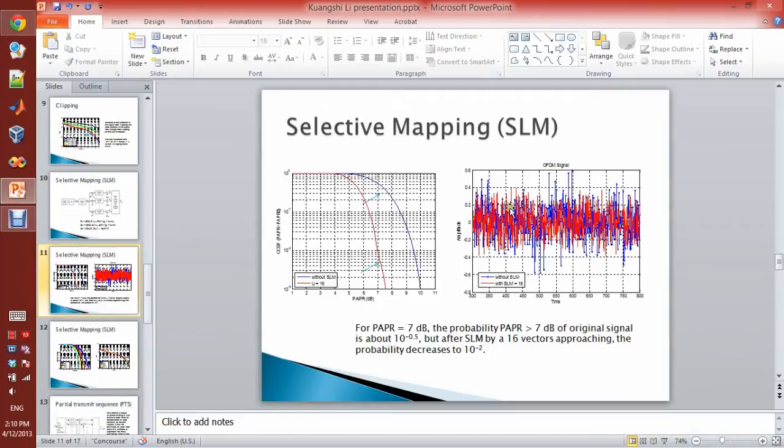So the PAPR is reduced a lot. We can see the original signal has only some peaks, but the average is not very high, so the PAPR is very high.